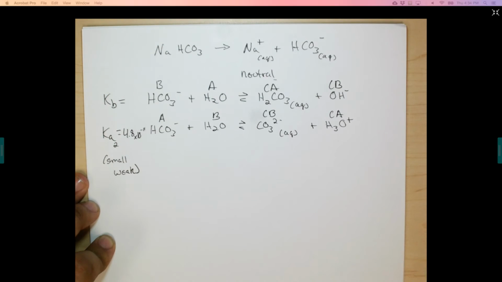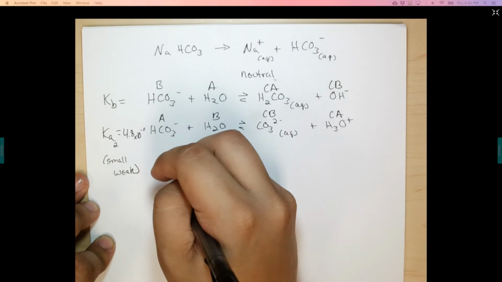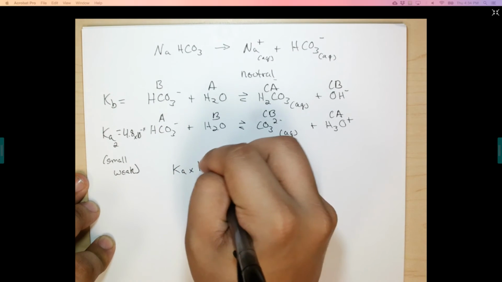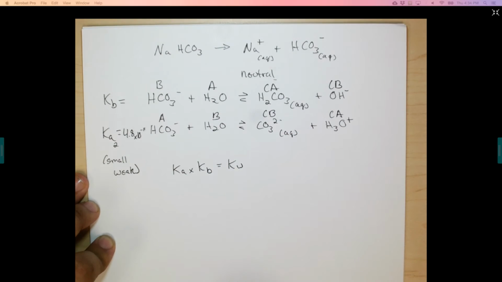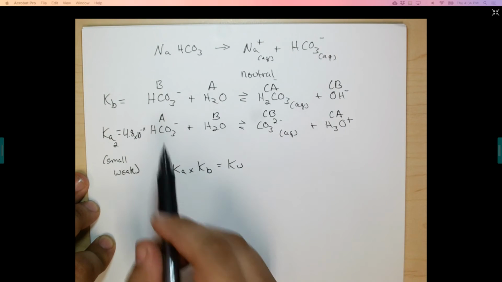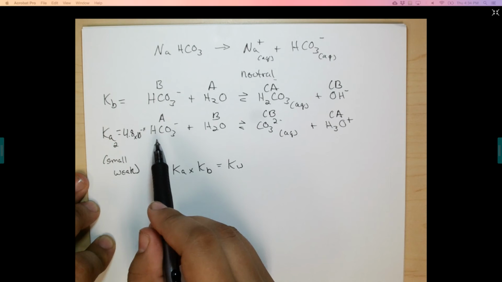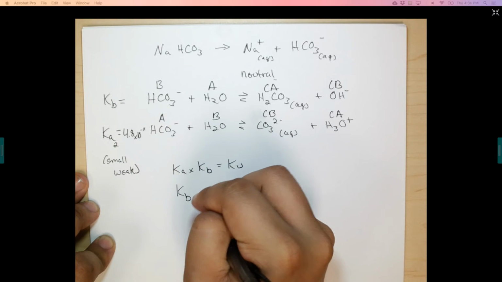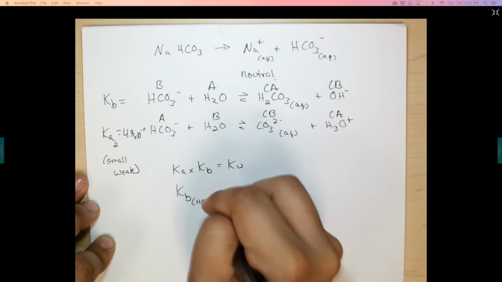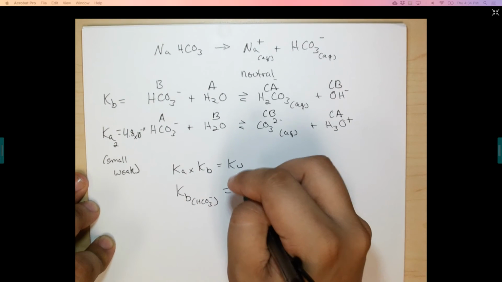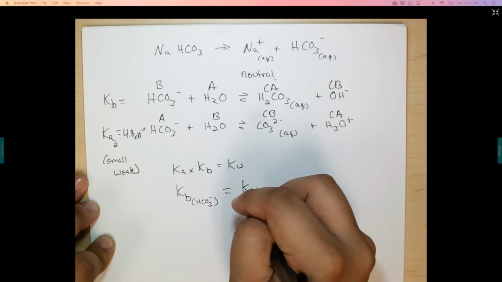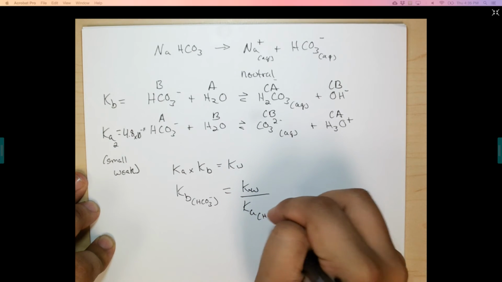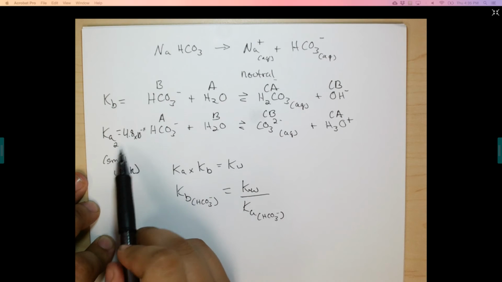We have to remember that Ka times Kb is always equal to Kw for a given conjugate pair. Therefore, the Kb for bicarb is equal to Kw divided by the Ka of HCO3 minus, which we were given in the problem.